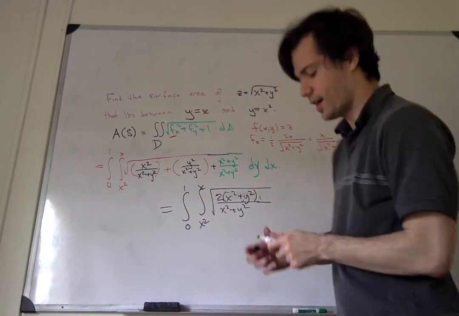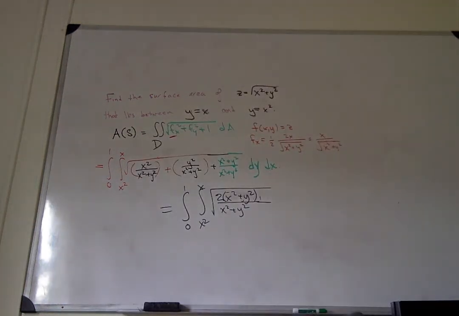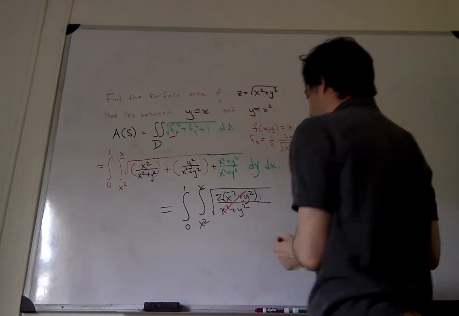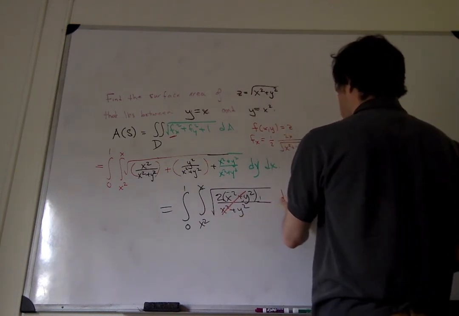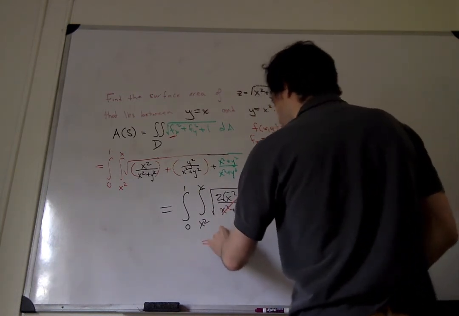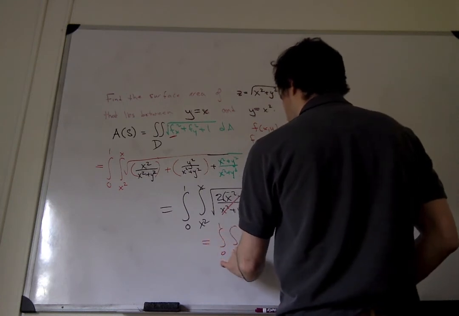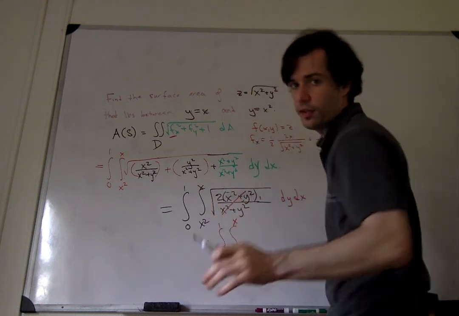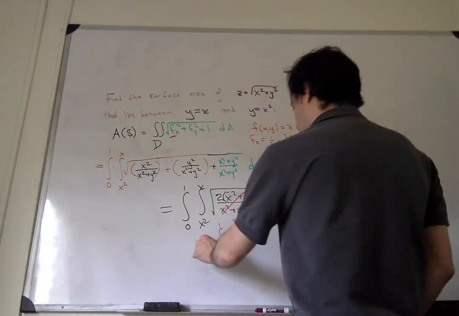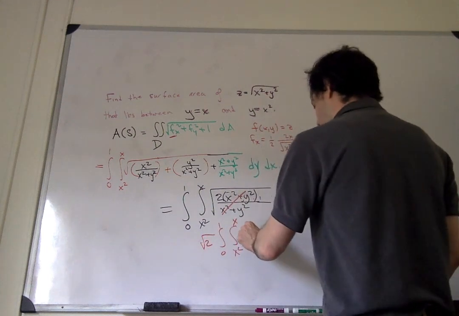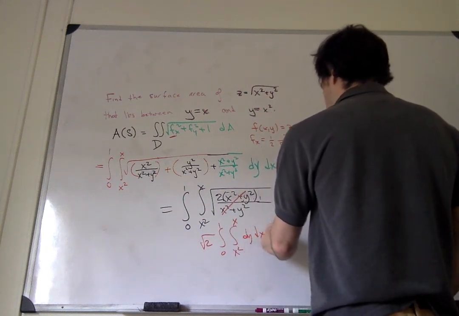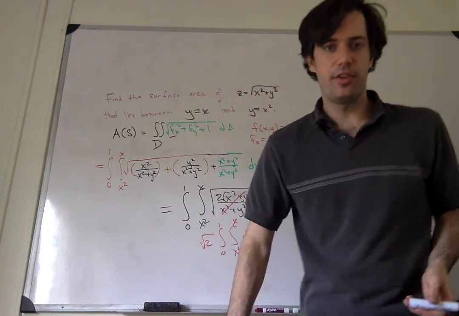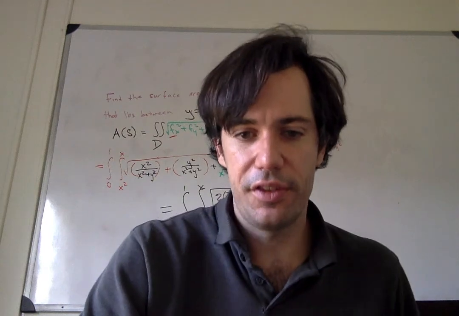Well, that turned out to be really nice, because effectively I can just cancel all of that out, and then don't forget your dy dx. So all of this simplifies down to the integral from 0 to 1, x squared to x, and I have this square root of 2, which I can just pull outside. So square root of 2, and then dy dx. The rest is pretty easy, so I'm going to leave that to you and keep this video short. It's at 11 minutes, and I'll see you in the next video.